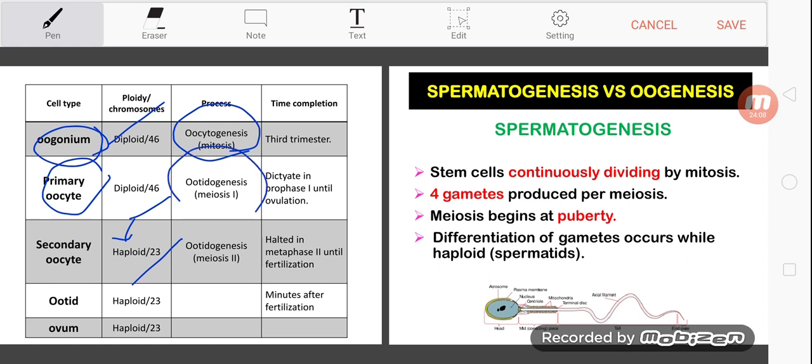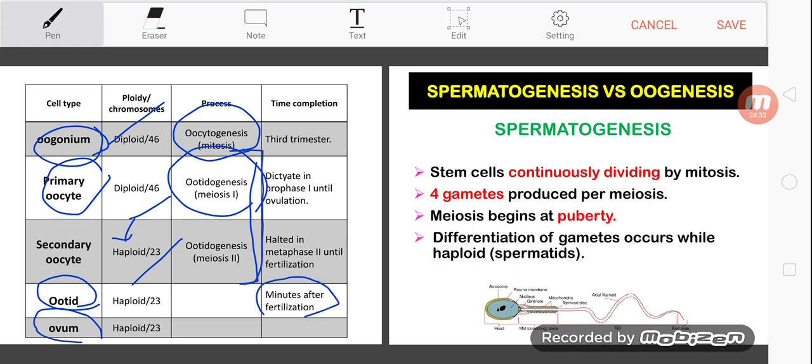Okay, ootidogenesis, ootid. So after mitotic division and meiotic division, the aim is to produce a haploid ootid. Ootid is a term before completion of meiotic division 2.